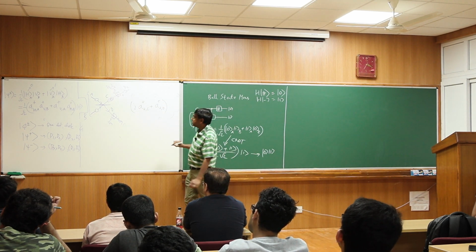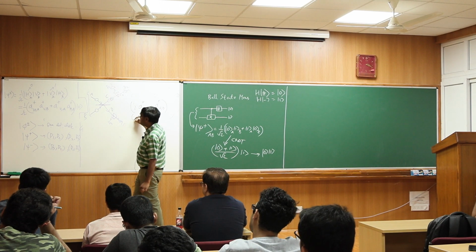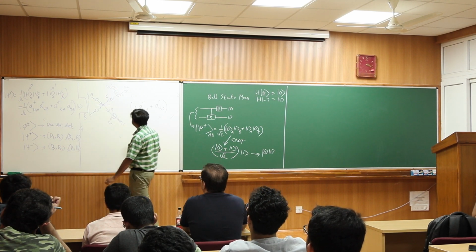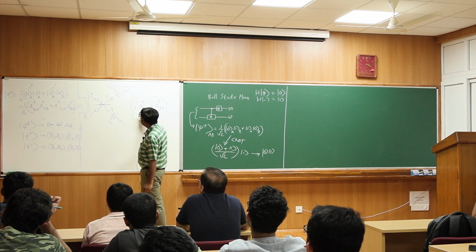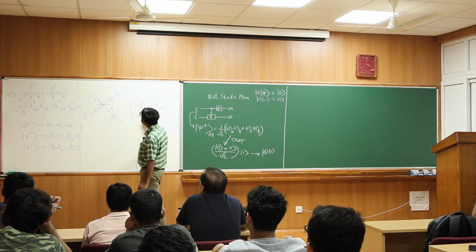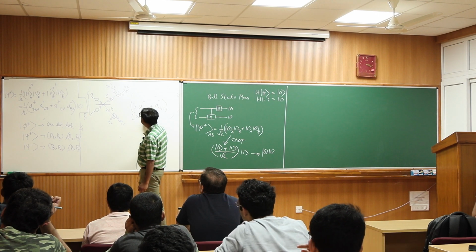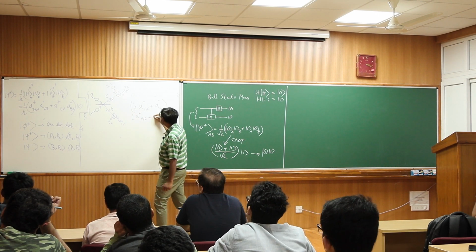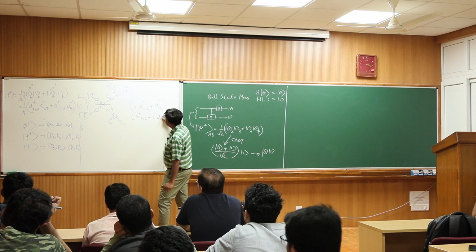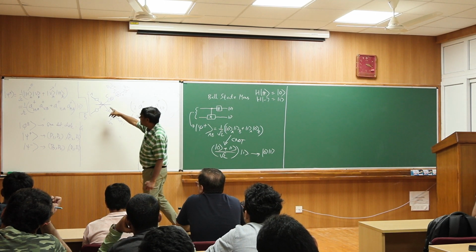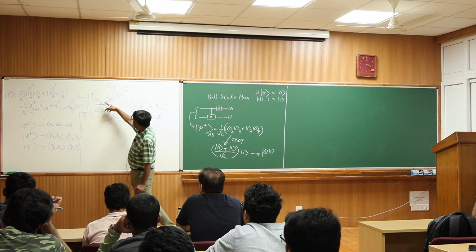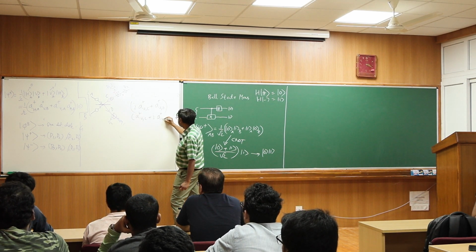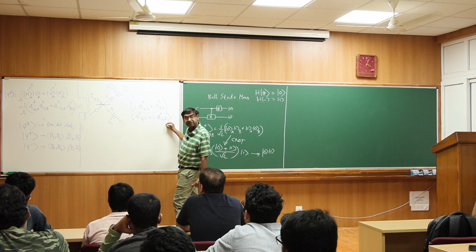That will be multiplied by a dagger V B, which will go to a dagger V C plus i a dagger V D.